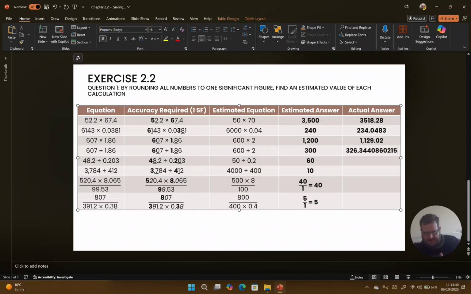I'm surprised. How many decimal points is that? 1, 2, 3, 4, 5, 6, 7, 8, 9, 10. I'm surprised that was able to fit on one line.